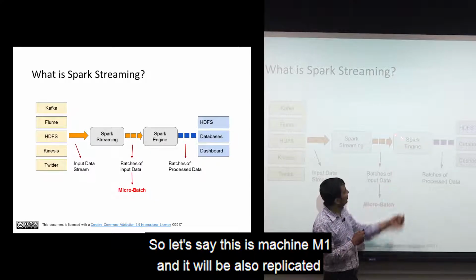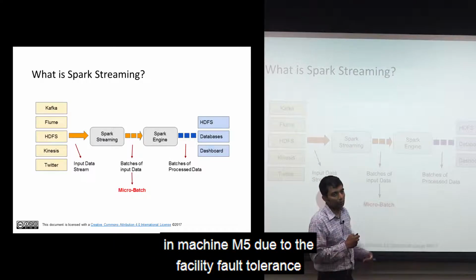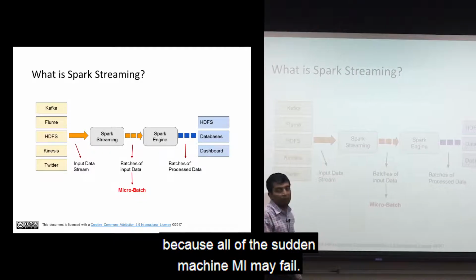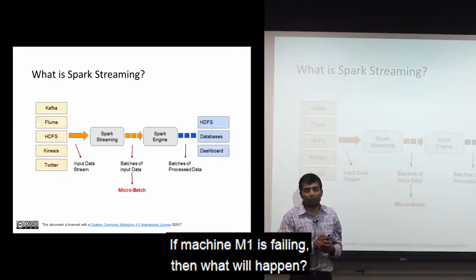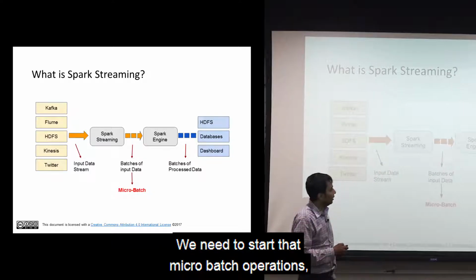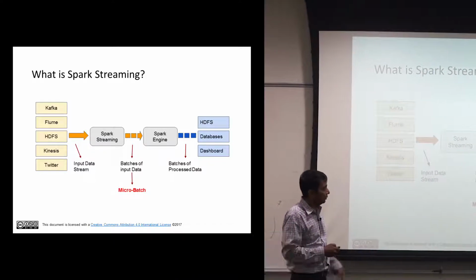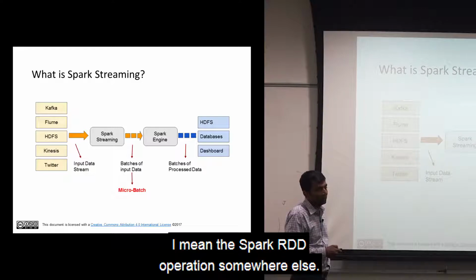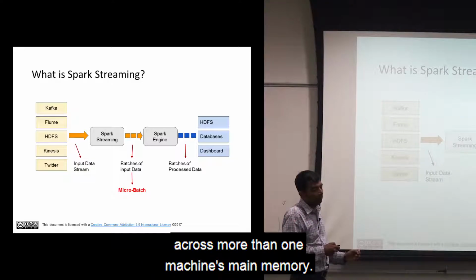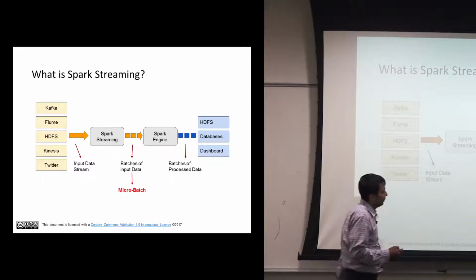Let's say this is machine M1, and it will also be replicated in machine M5 to facilitate fault tolerance, because all of a sudden machine M1 may fail. If machine M1 fails, then what will happen? We need to restart that micro batch operation, the Spark RDD operation, somewhere else. That's why the micro batch content will be replicated across more than one machine's main memory.